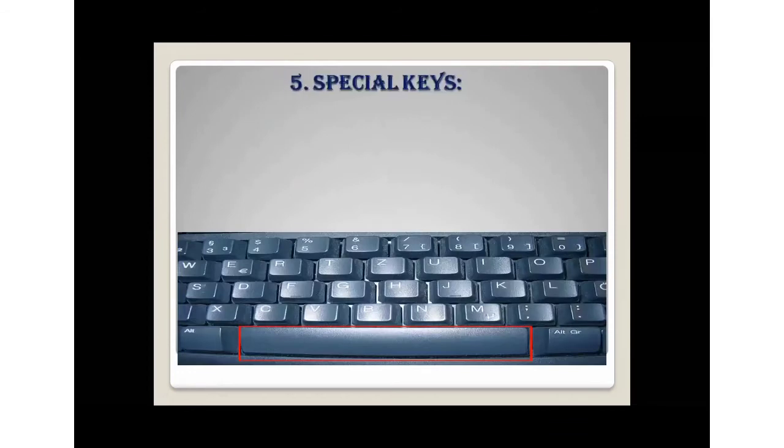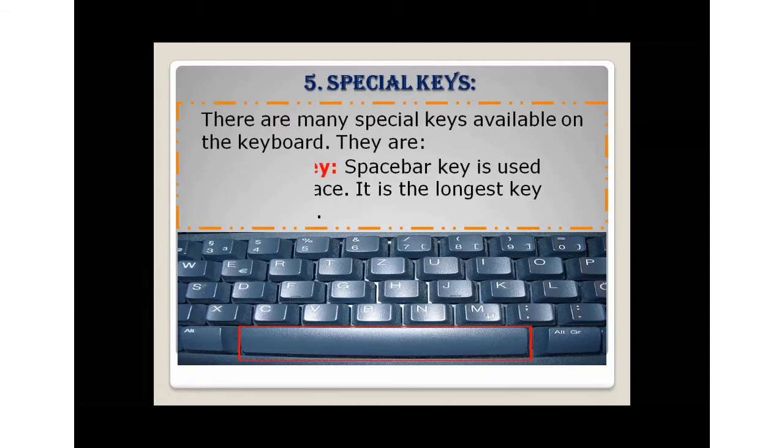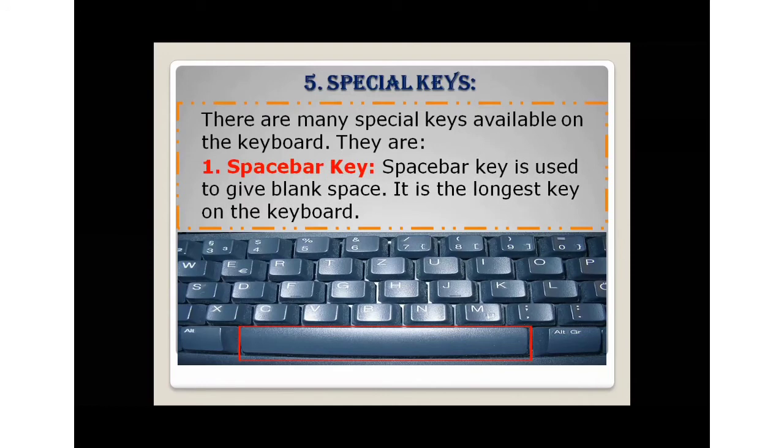Next you see the big long key, actually the longest key on the keyboard. Here all keys are small, only this is very long. Some special keys are there. There are many special keys available on the keyboard.